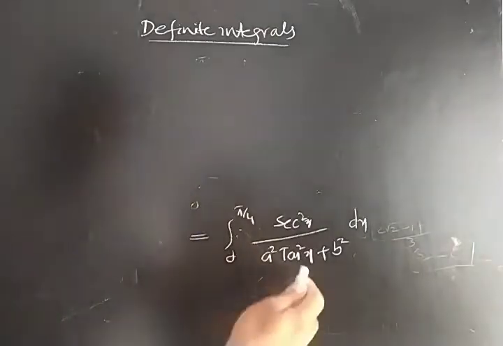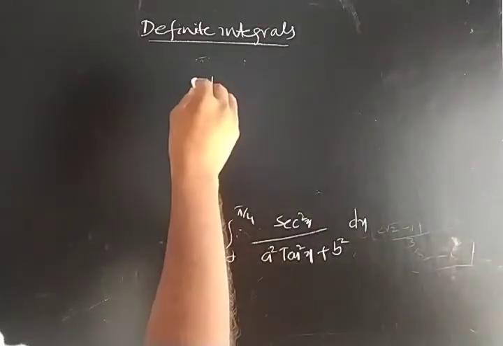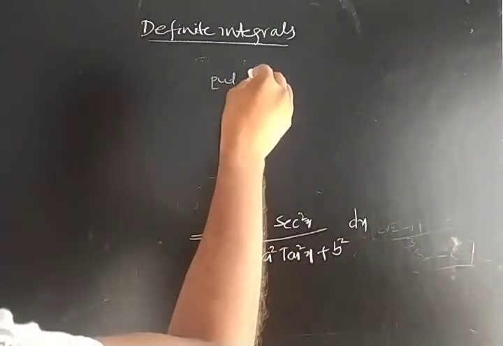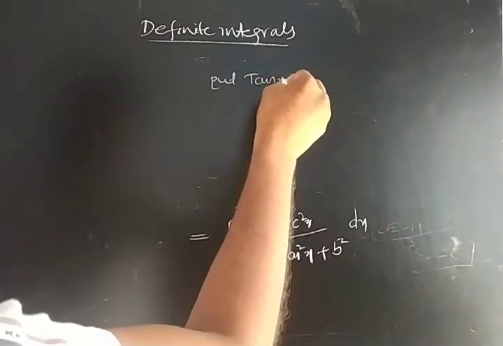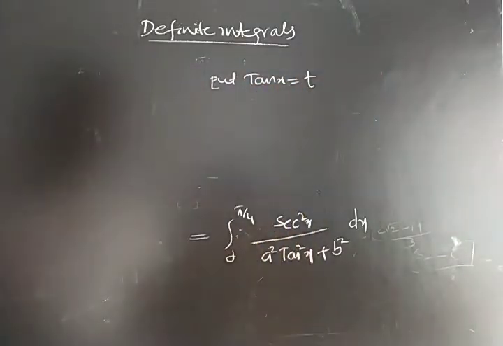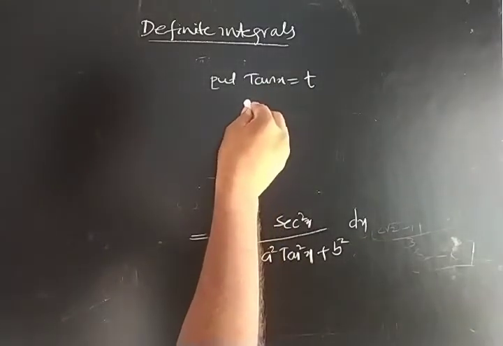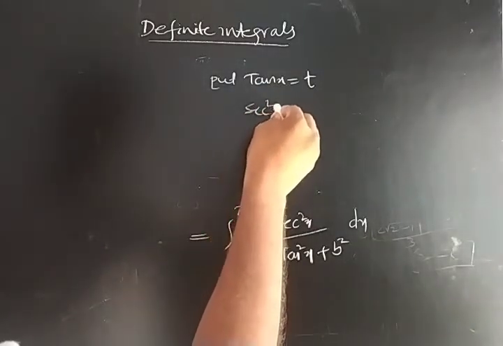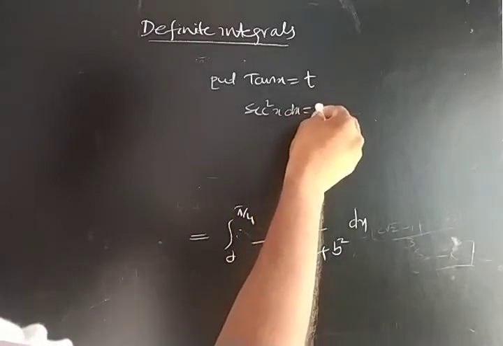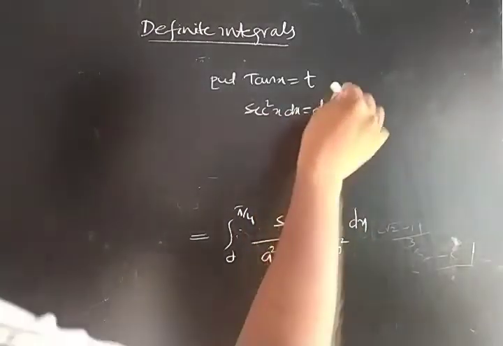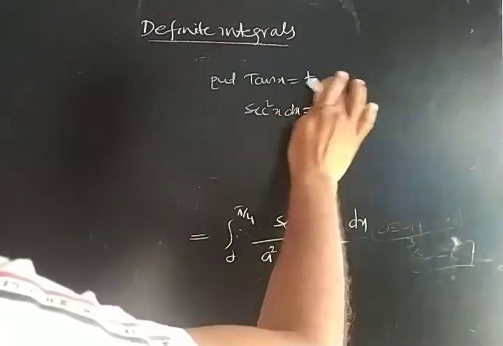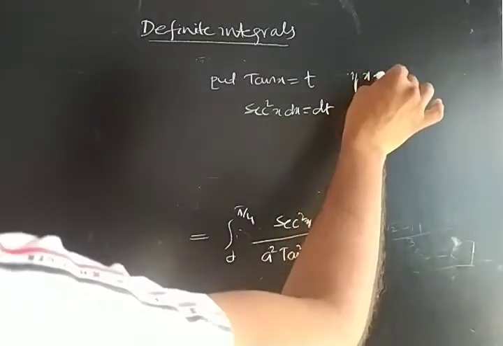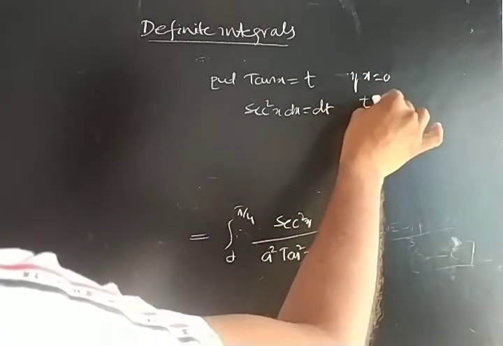After that, in this integration I am taking tan x as t. Put tan x equal to t by the substitution method. So when I put tan x equal to t, by differentiating it you will get secant square x dx equal to dt. And the limits will be: if x is 0, then t will be 0.